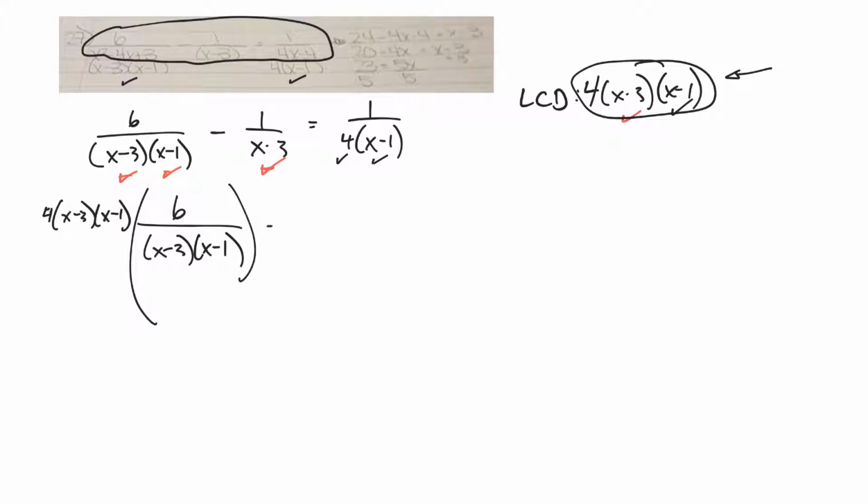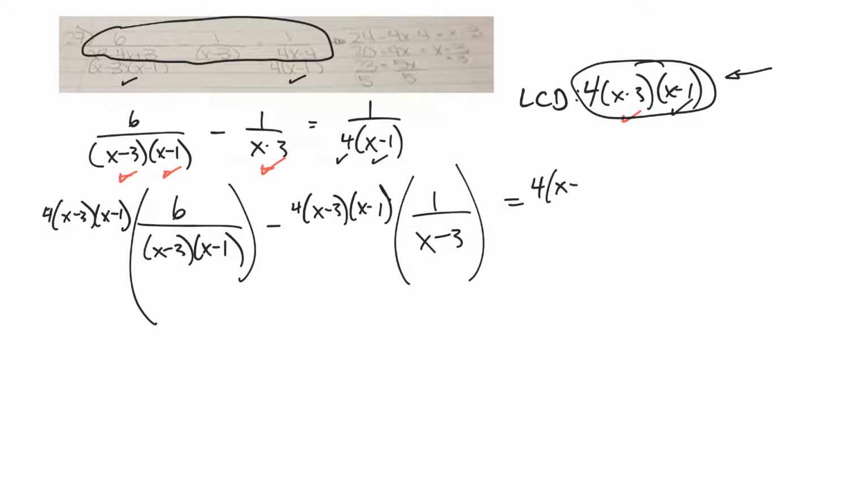And then minus my lowest common denominator again, times 1 over x minus 3, is equal to the lowest common denominator again. Don't forget to do it for every term, times 1 over 4 times (x minus 1).